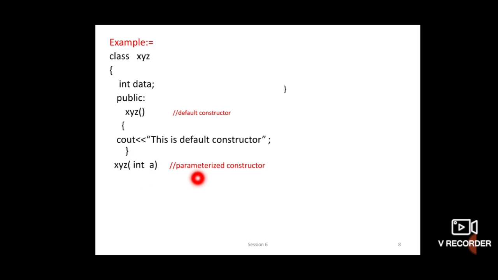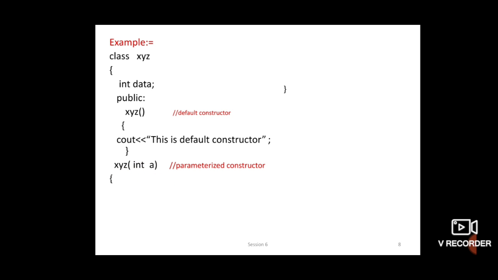You can pass 2 or 3 depending on the program, but we take a small example for understanding. So here XYZ, int A is a variable. Both are constructors, but this is the default constructor and this is the parameterized constructor.